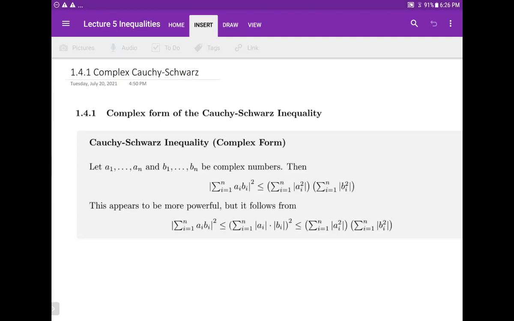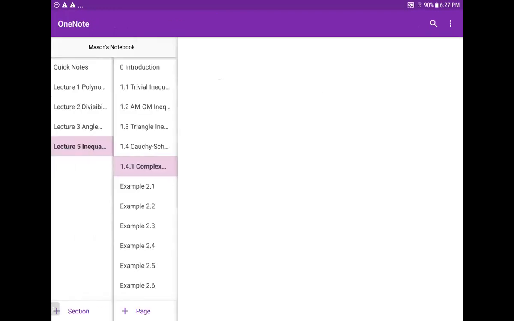We don't have to worry about where it follows from for now, but just understand that the Cauchy-Schwarz inequality can be applied to complex numbers as well. It's hard to compare two complex numbers, but when you compare the magnitudes, then Cauchy-Schwarz can apply to these complex numbers as well.